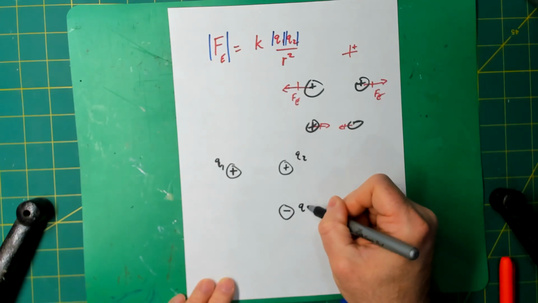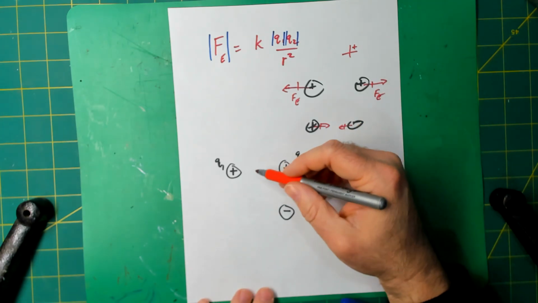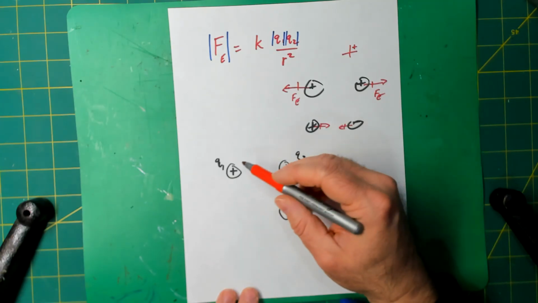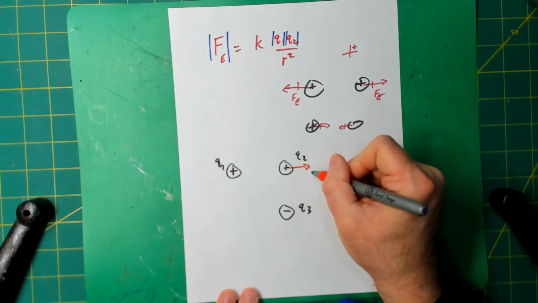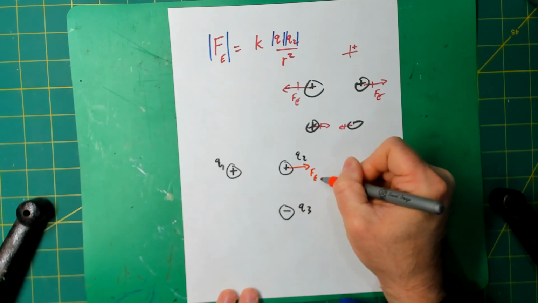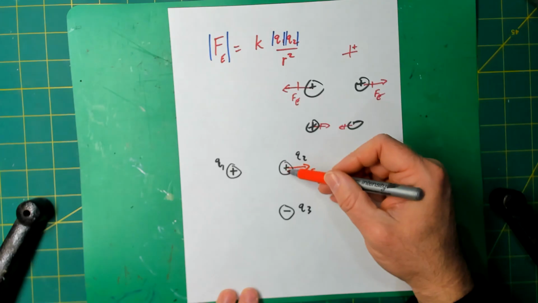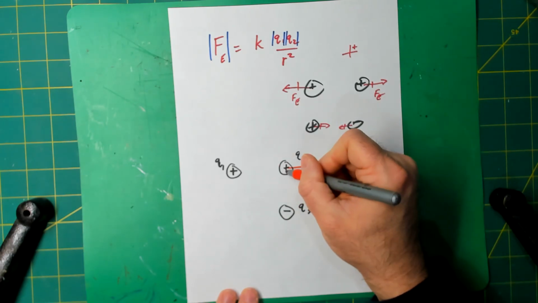Call this guy Q3. If I want to find the total electrical force on Q2, Q1 would push him away like this. That's the electrical force on 2 by 1. Q3 is a negative and that's a positive. These guys would attract. This guy would be attracted towards Q3.